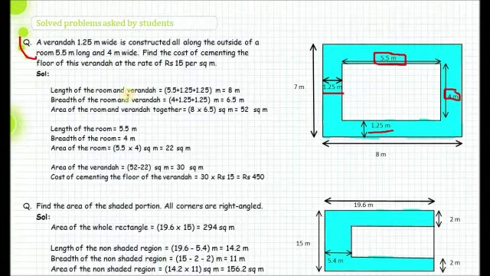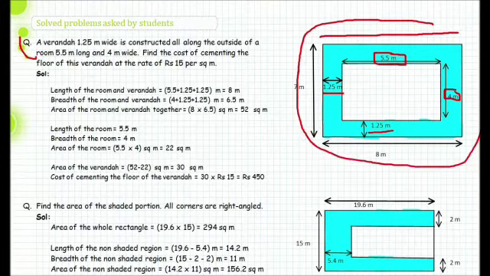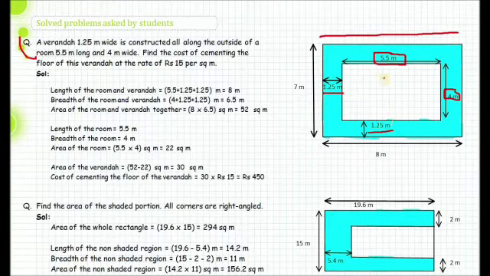So the solution is here. Length of the room and veranda. First we will find out the length of the room and veranda all together. This is the whole room and veranda; we will find out the area of the whole figure. The length of the whole figure: this is 5.5 meter, and the width of the veranda was 1.25 meter here, and also 1.25 meter here.